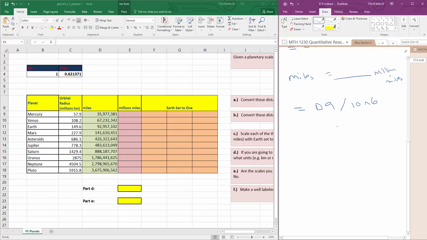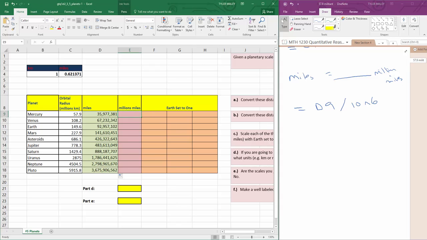In doing so, that will convert it into millions of miles. Imagine I had 1 million, so 1,000,000. That would just say, well, how many million do you have there? How many groups of a million?